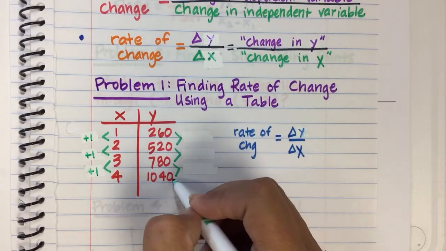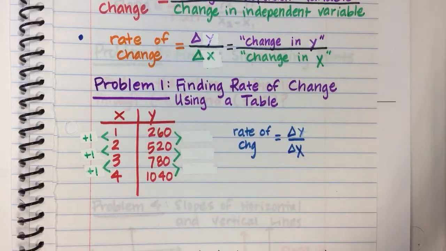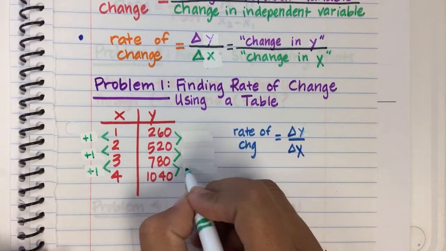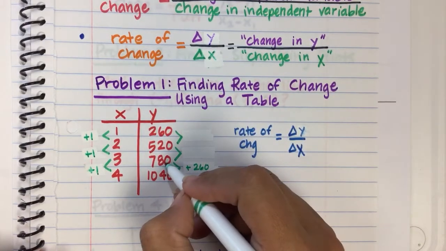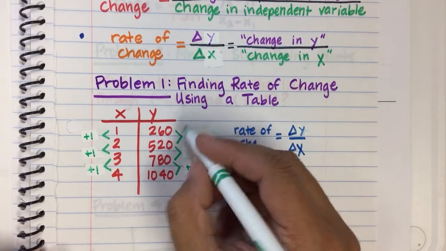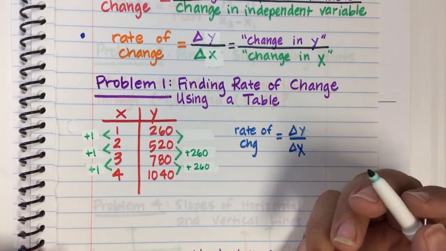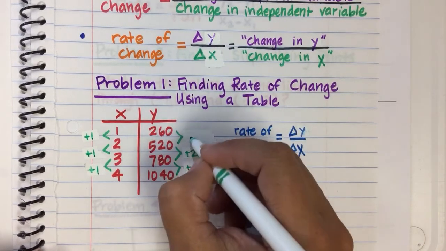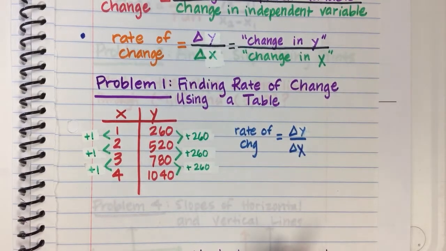All right, and then I'm going to start at the bottom, and I'm going to say 1040 minus 780, and I figure out that that's an increase of 260. Then say 780 minus 520, and that's an increase of 260. And 520 minus 260 is also an increase of 260.